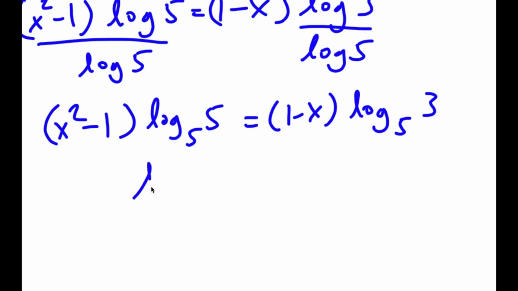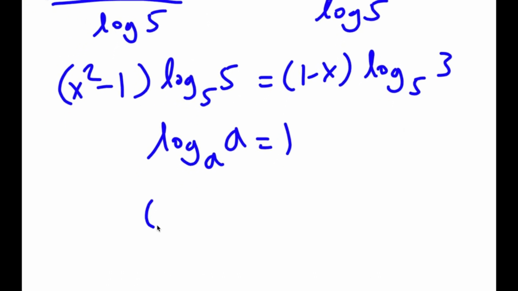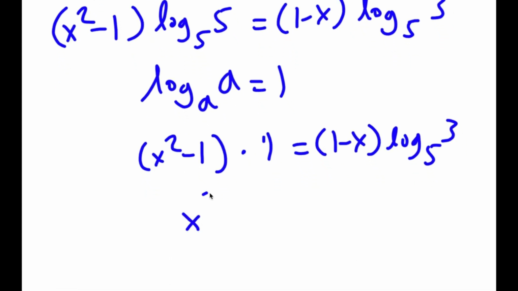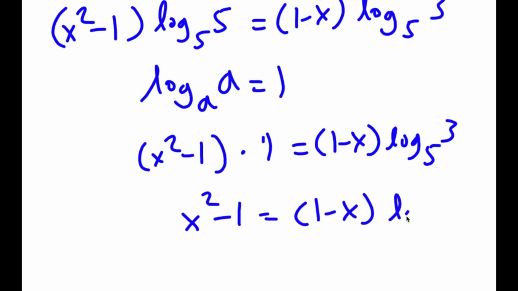If I have something in the form log base a of a, this is actually equal to 1. So log base 5 of 5, that's going to equal 1. So I have x squared minus 1 times 1 is equal to 1 minus x times log base 5 of 3. Then this just means x squared minus 1 is equal to 1 minus x times log base 5 of 3.